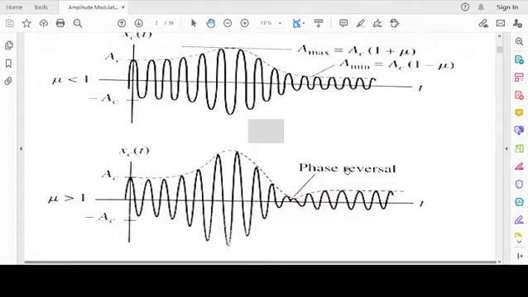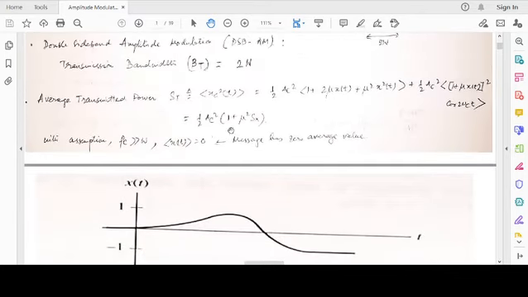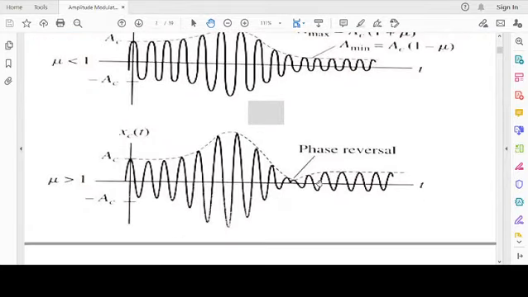So we generally prefer not to use over modulation. But over modulation can be used, because the average transmitted power is large if you increase mu, if you make mu large, mu greater than 1. So this is an important point which I want to mention.